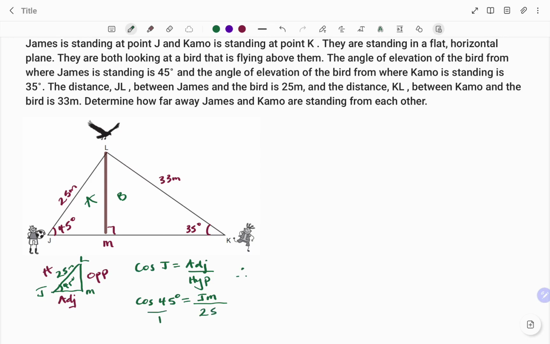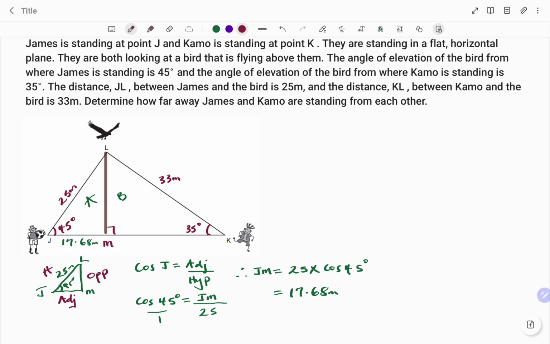So therefore, the distance JM is equal to, cross multiply, 25 times cos 45 degrees. Therefore, JM equals 17.68 meters. I'm going to put that in the diagram. That's 17.68 meters.